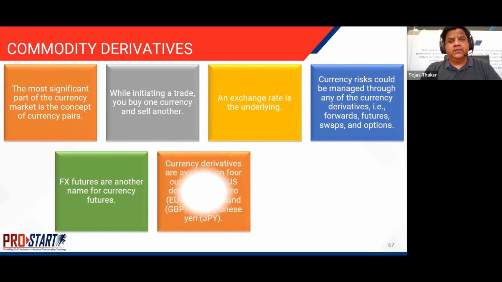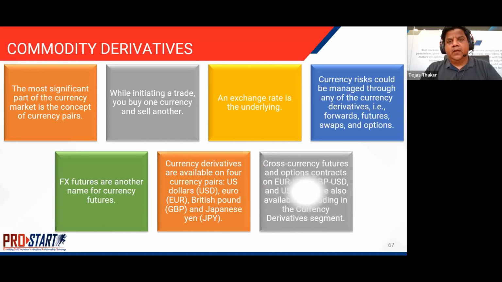Currency derivatives are available on four currencies: USD, Euro, British Pound, and Japanese Yen. Cross currency futures and options contracts on Euro USD, Great Britain Pound USD, and USD Japanese Yen are also available for trading in the currency derivatives segment.